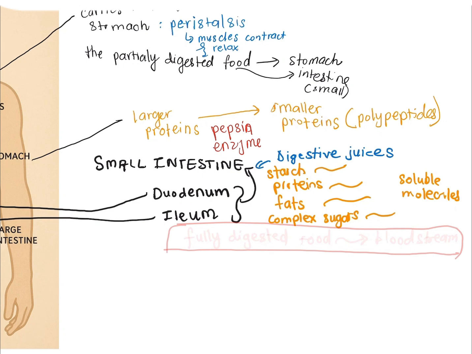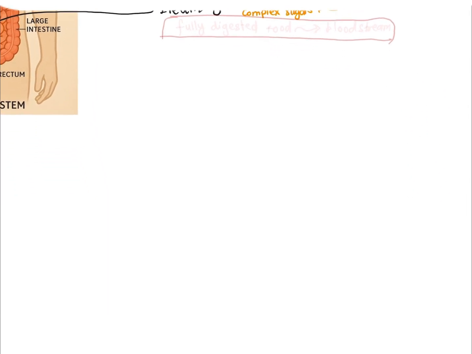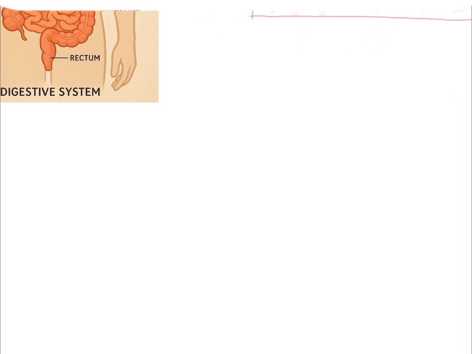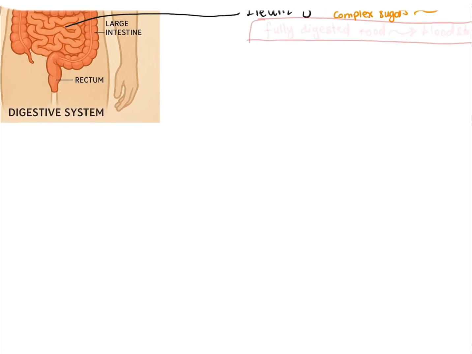The large intestine is where the leftover waste now moves. So let me just, okay, you see it right there, the large intestine. Okay, so this is where all the waste moves, and here's what happens here.